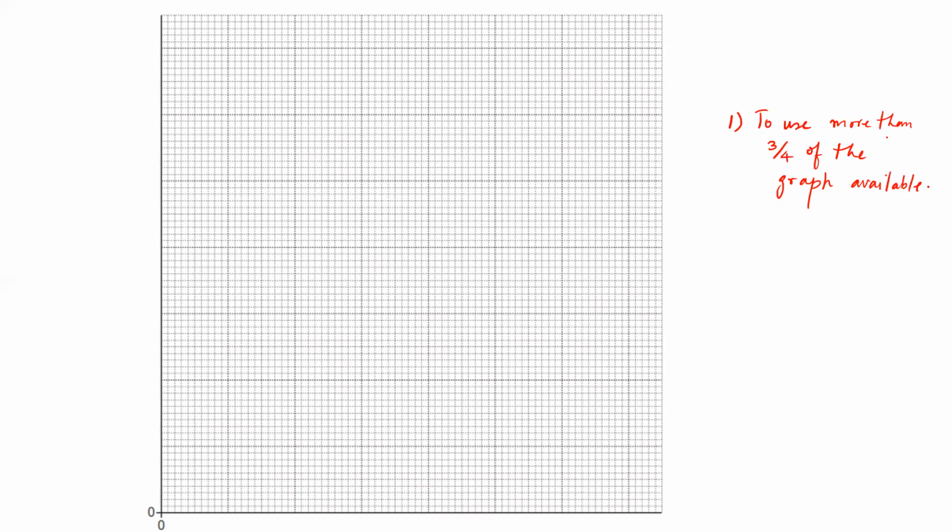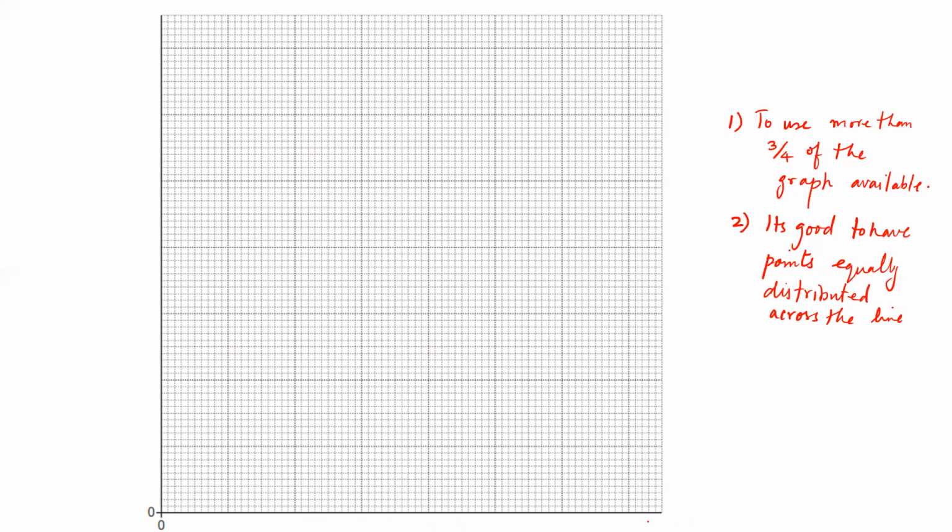And number 2, for a best fit straight line, it's good to have points equally distributed across the line. So if you have 1 point going above the line, make sure that there is at least 1 point that goes below the line as well.